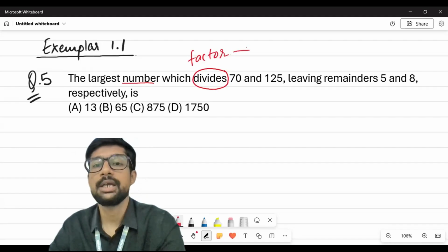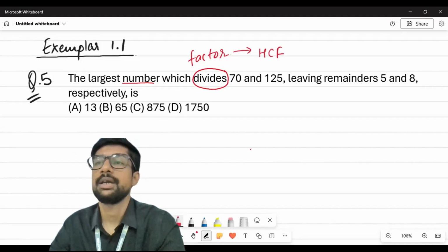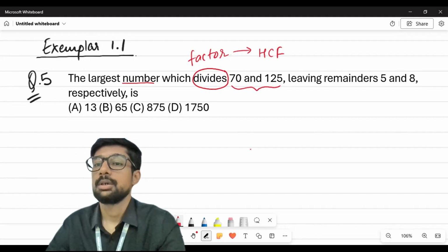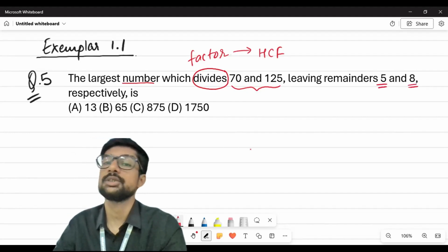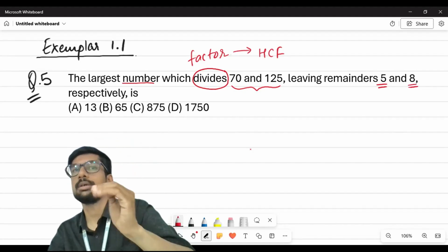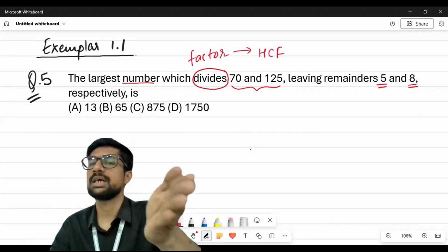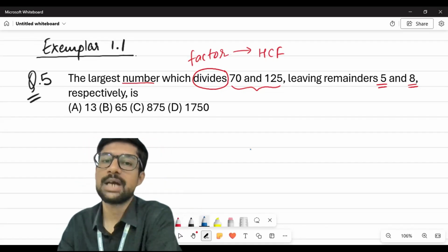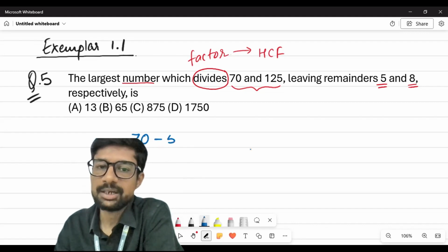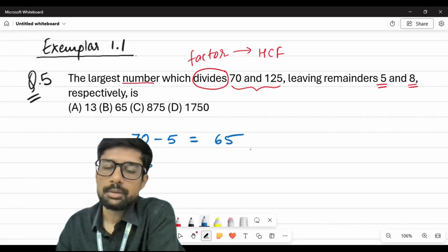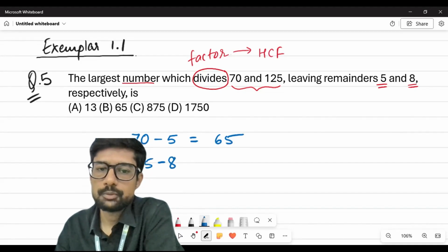That means surely we need to find the HCF, but not of these two, because we need these to be the remainders from these numbers. When there is a remainder, it means divisibility was not complete, something was left over, so first we remove the remainder from here, then the number that comes will be completely divisible, right? So the first task is we have to subtract the remainders from the respective numbers. The remainder was that part which will not allow the division to happen, so we subtracted it.